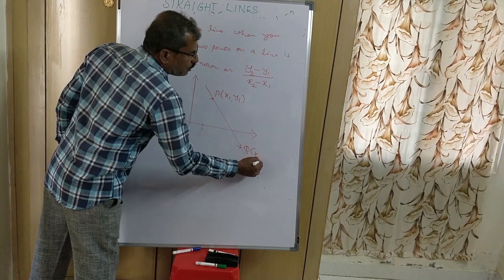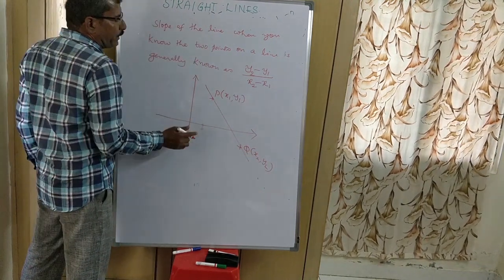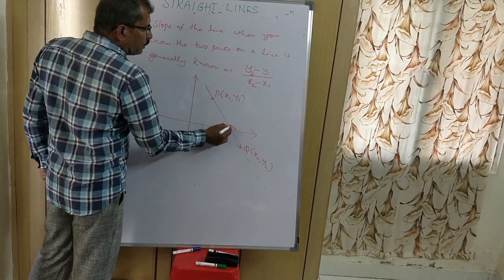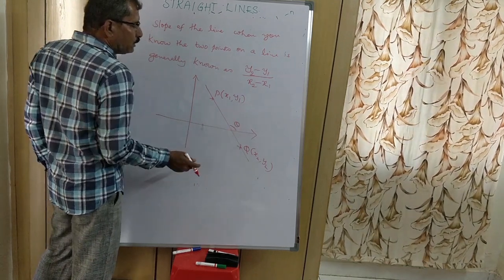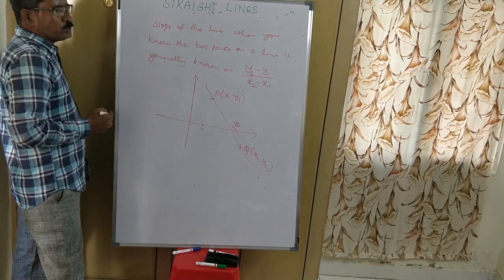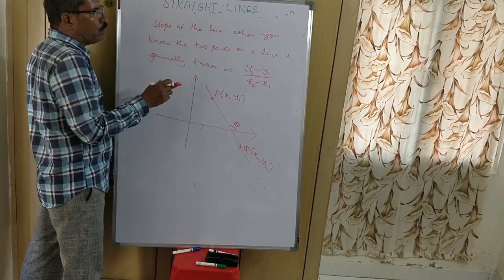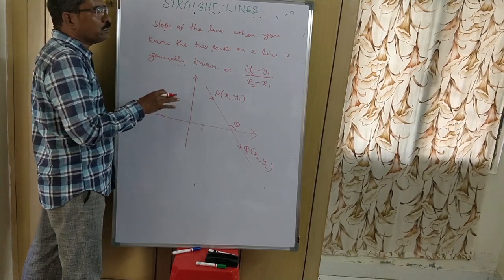The slope of this line, the value of tan theta, is denoted by y2 minus y1 by x2 minus x1. That is the ratio between the difference of the y coordinates and the x coordinates. This is also a very important one.